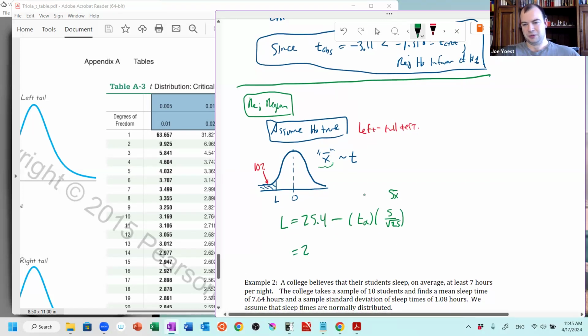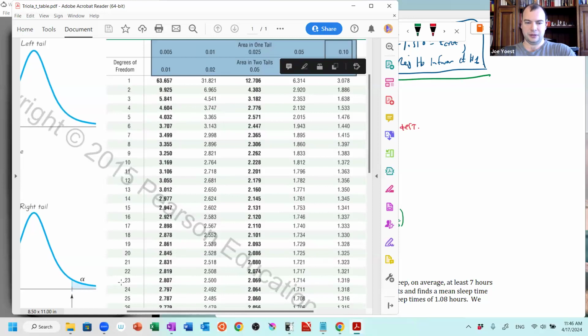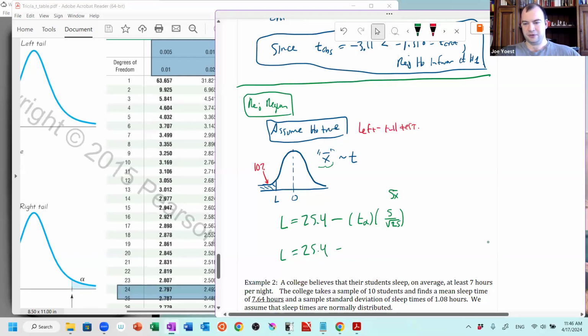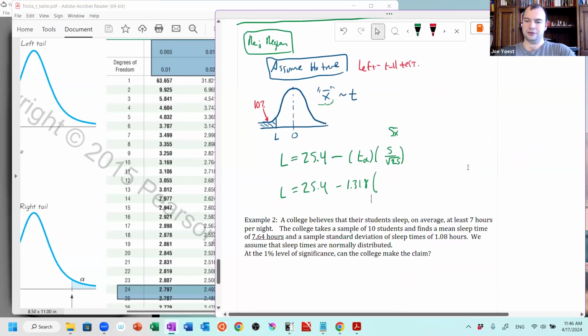So what's this going to be? It's going to be 25.4 minus, and again, one tail area of 10%, degrees of freedom 24, that's where that 1.318 came from. And then S over root 25 is 5.3 over 5.